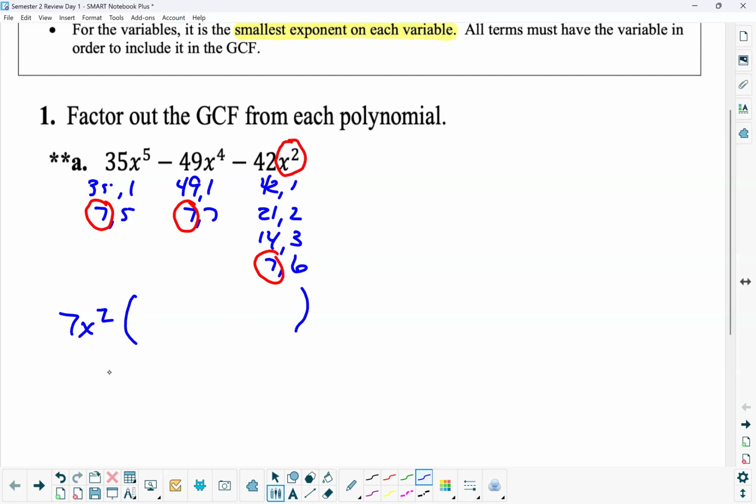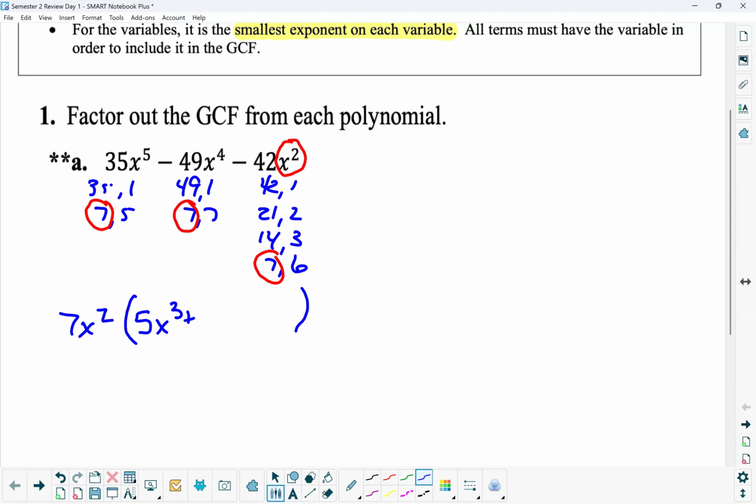If you wanted to write it in factored form, then for the rest, this first term, when we take out the 7, we would have a 5 left. That's the paired factor with 7. We took out x squared. We had x to the fifth. We can subtract those exponents. That'll be 5x to the third.